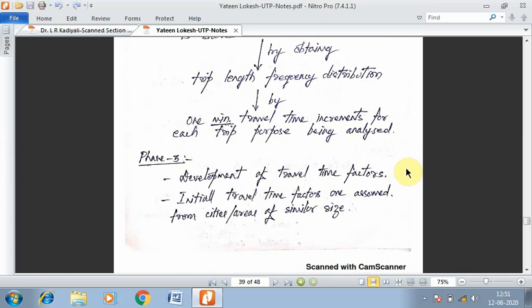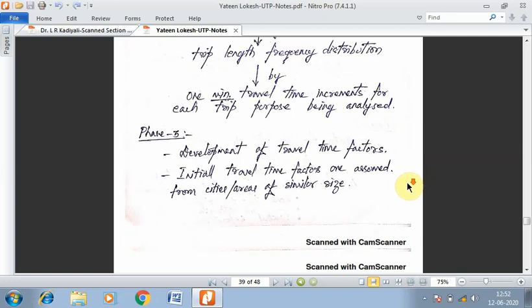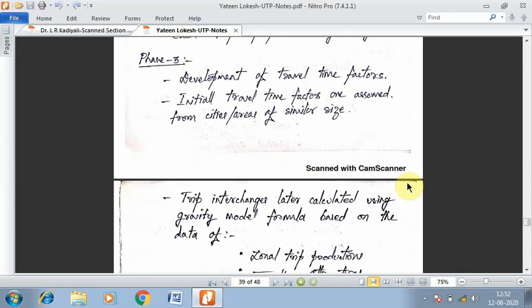So basically here you will be assuming a suitable travel time factor for the region for which you are trying to do the planning, based on the previous experiences where the travel time factor would have already been determined, okay, which might be of similar size or characteristics or behavior. So it's like you are trying to borrow the travel time factors from the region which has already been planned, which has similar characteristics as that of the new region where you are trying to do the planning.